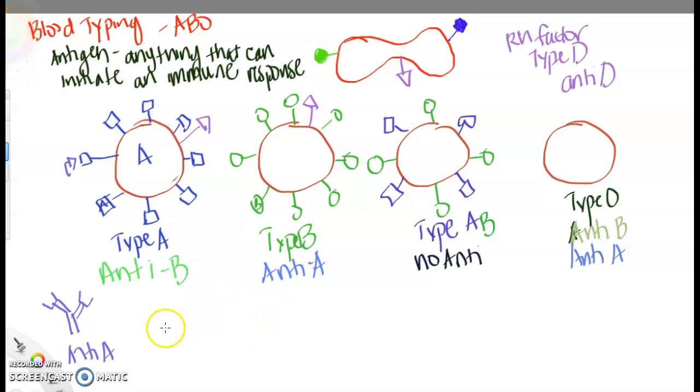And we'll make an anti-B. Anti-B antibodies. So these antibodies are of a specific type. These ABO antibodies are IgM antibodies.